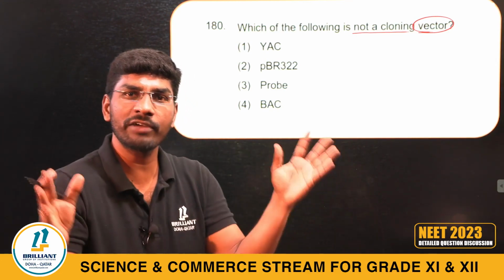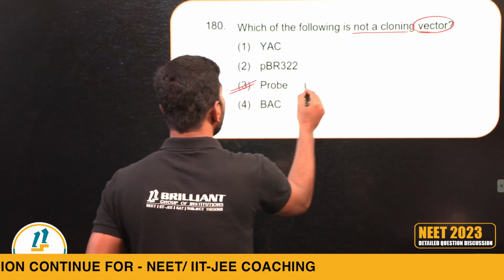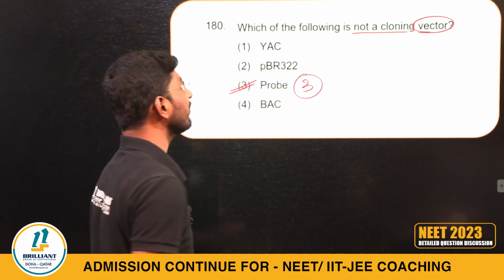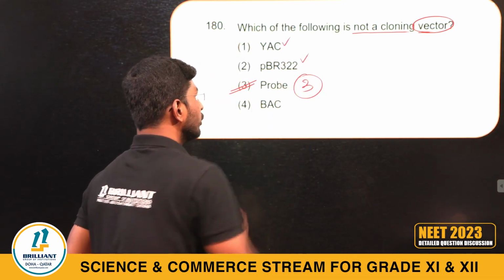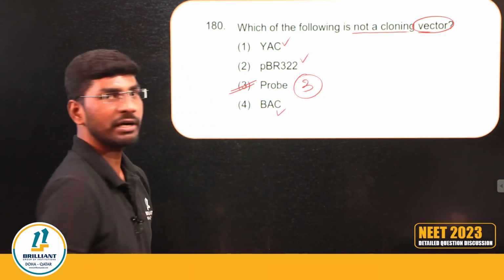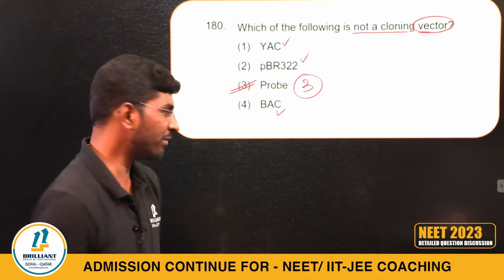These all are vectors. They are asking which is not a vector. Probe is not a vector. YAC is a yeast artificial chromosome, yes, a vector. pBR322 is a vector. BAC is also a vector. Which one is not a vector? Probe.